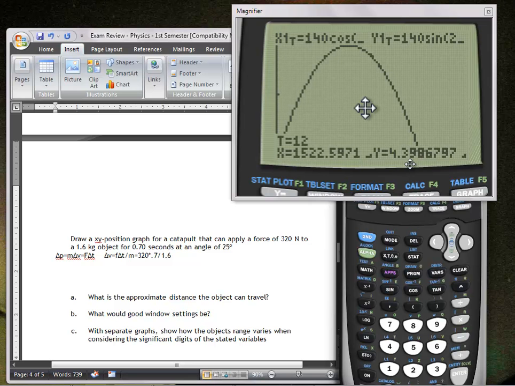So those are some answers to good window settings. The last question gets at how the range that we get varies depending on the significant digits of the variables that I stated. For instance, I said 320 newtons. It's a little ambiguous whether that 0 in 320 is significant or not.